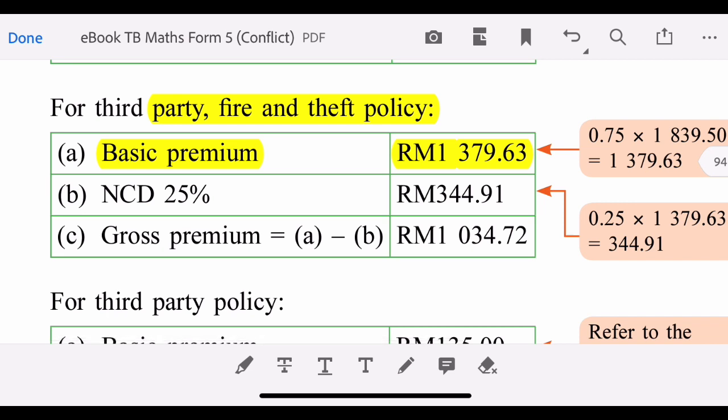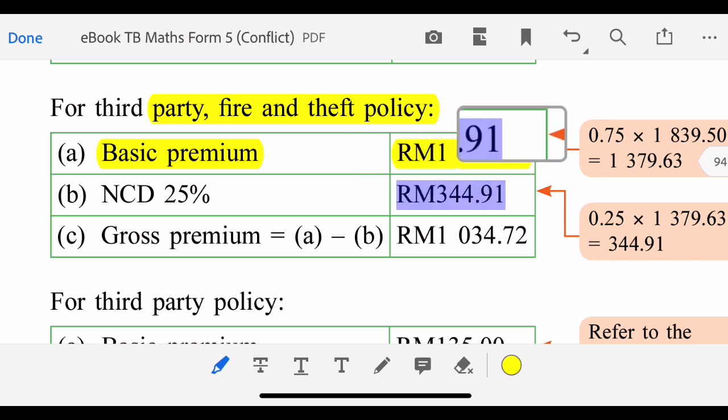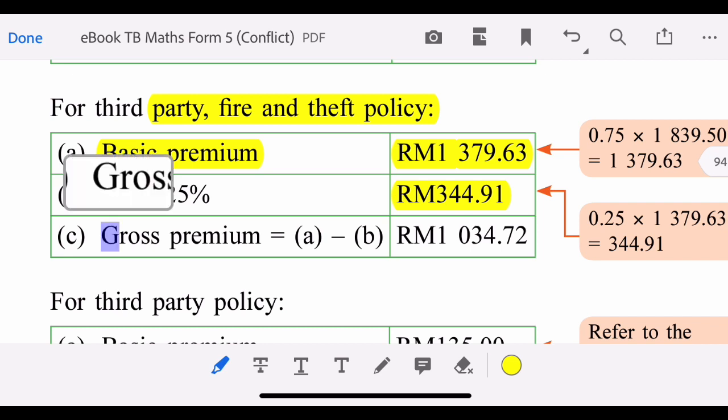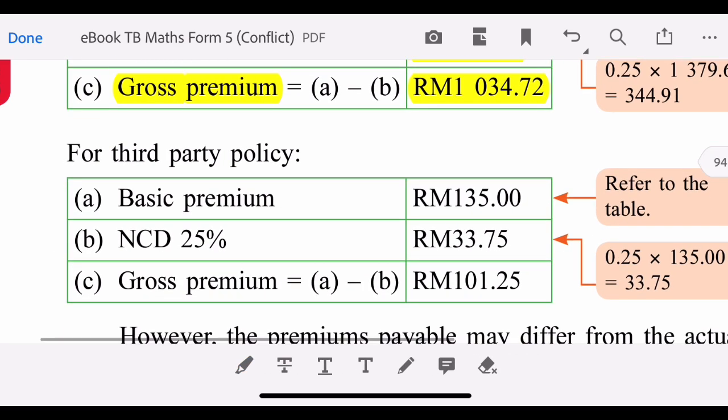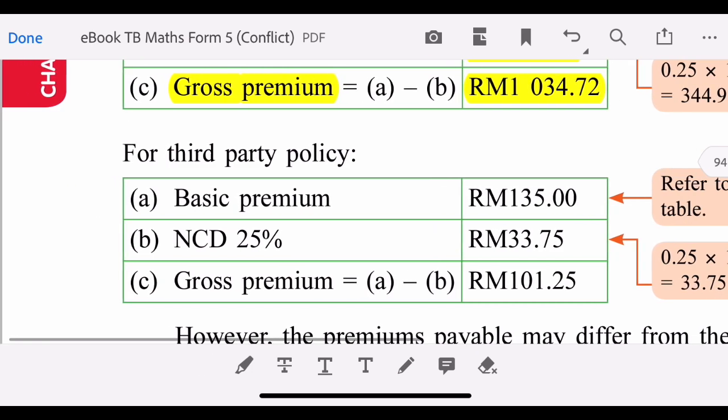The third party, fire and theft policy can also be reduced if there is no claim, 25% of the 1379.63, you get 344.91. So the gross premium is 1034.72.